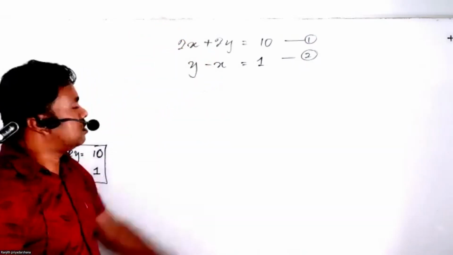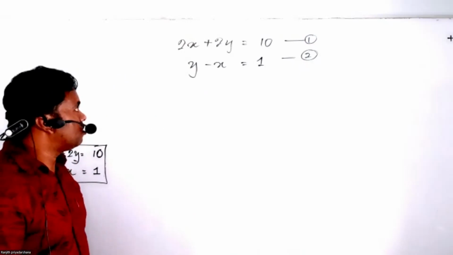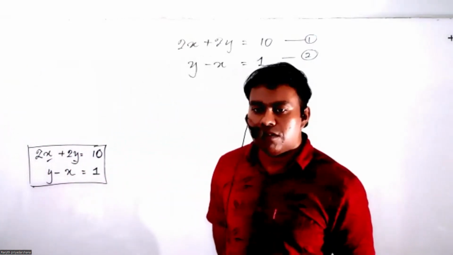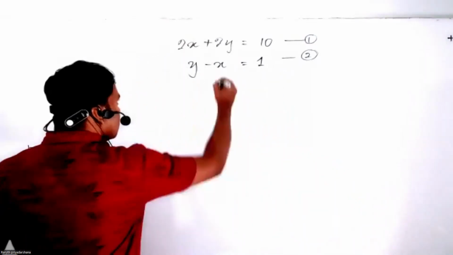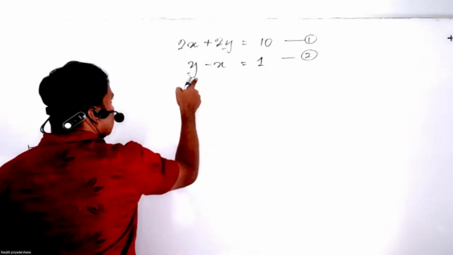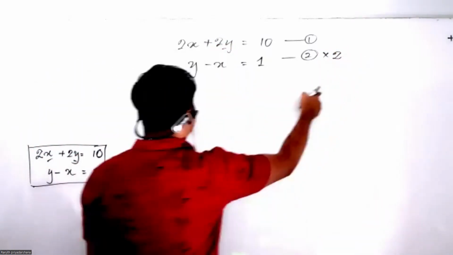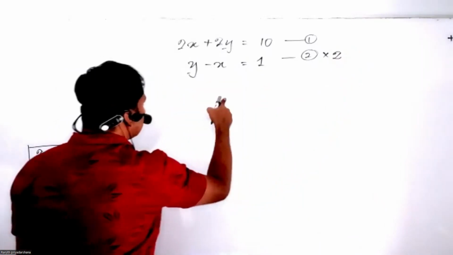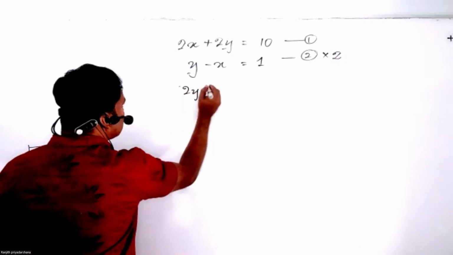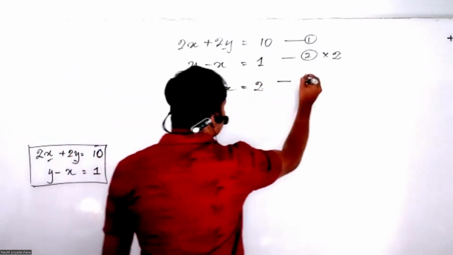So what do you like to remove first, x or y? We remove y. But there is a small problem: here 2y and here only a single y. Therefore, you have to multiply this whole equation by 2. Then you get another equation: 2y minus 2x equals 2. So this is your third equation.